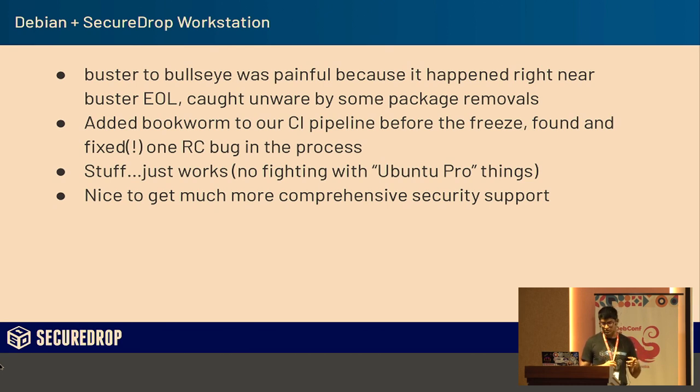So right after we switched to Bullseye, we added Bookworm to our CI pipeline well before the freeze, and we were able to find and fix at least one RC bug in the process, and also adapt our code to be ready. Honestly, stuff just works in Debian. I love it. I have not wasted time fighting with Ubuntu Pro, which is really great. And it's really nice to get more comprehensive security support in Debian because the whole archive is covered and not just the main component.